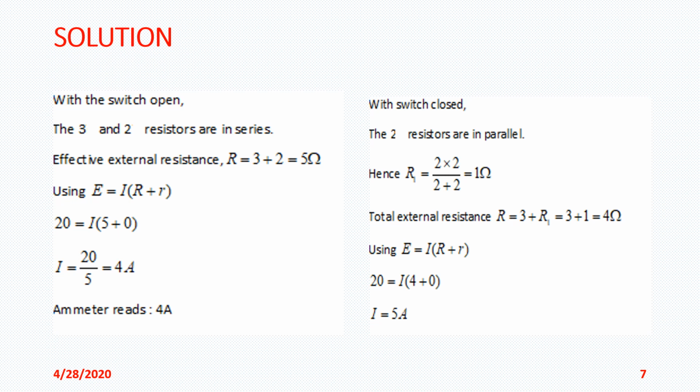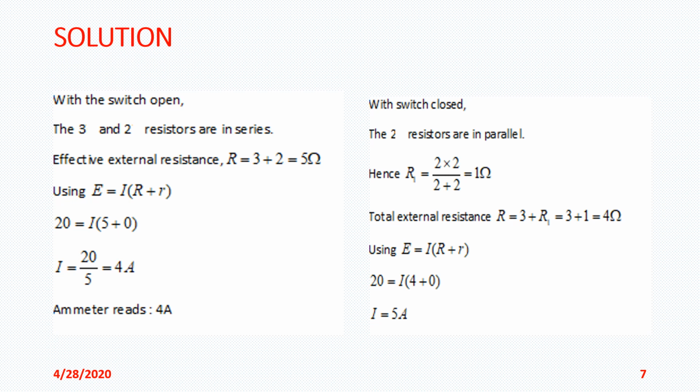The 2 times 2 giving us 4 over 4, which is 1 ohm, and 1 ohm added to 3 ohms giving us 4 ohms. And substituting in the formula for electromotive force, we get a current of 5 amperes. So that is how we handle the case of calculations under this topic of current electricity.